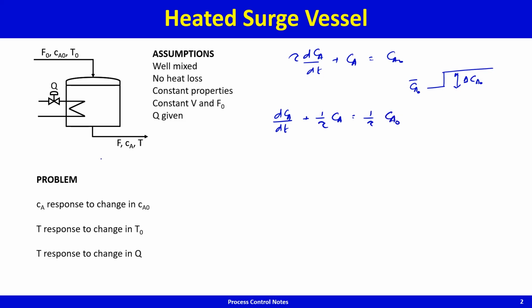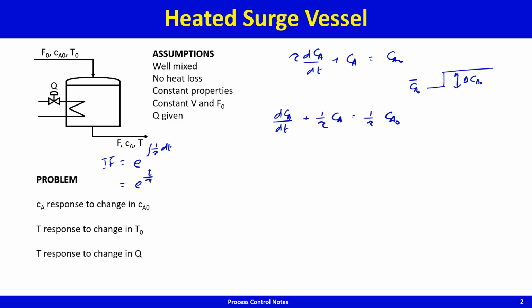And the integrating factor here is e to the power integral of this guy dt, exponential of integral of 1 by tau dt, which is equal to e to the power t by tau.